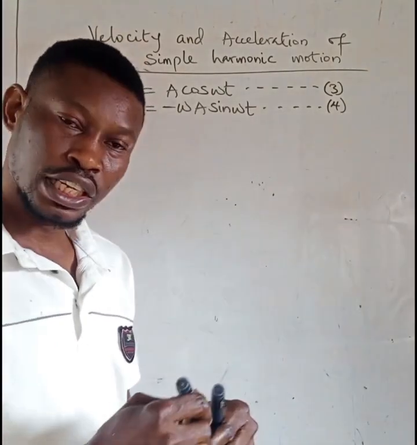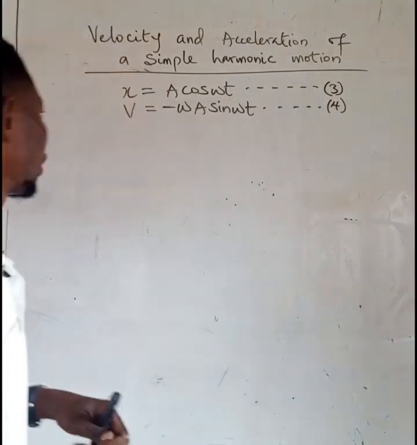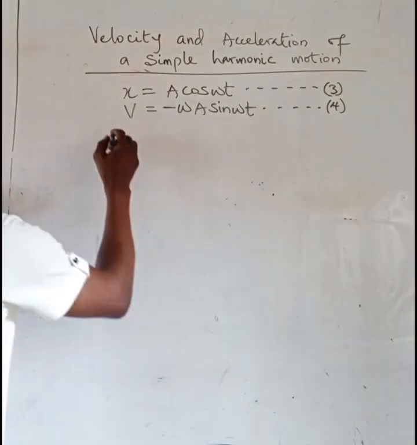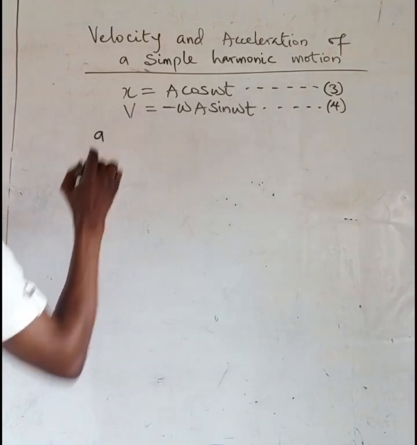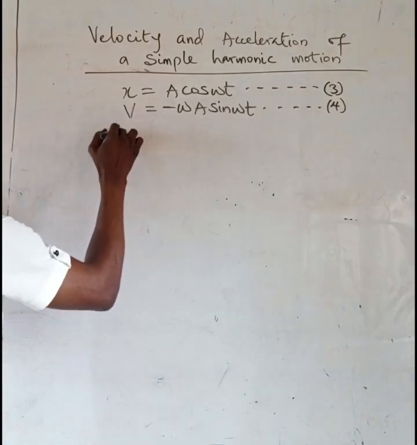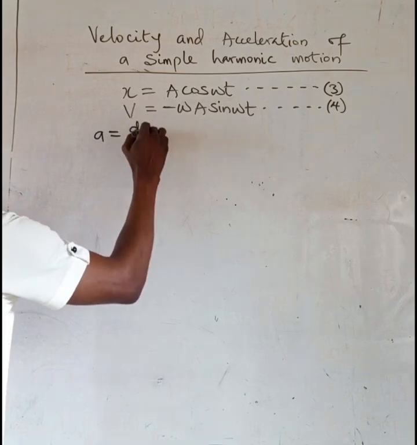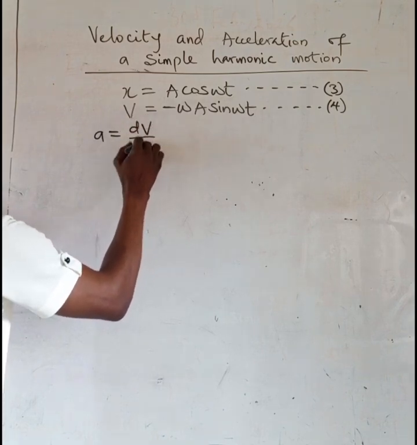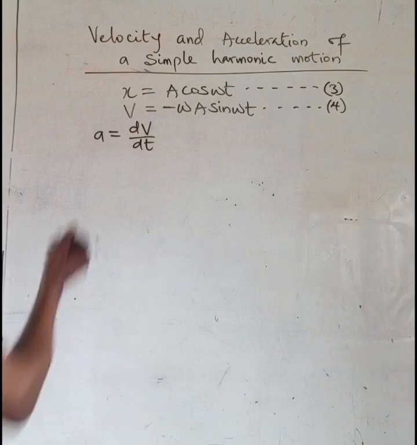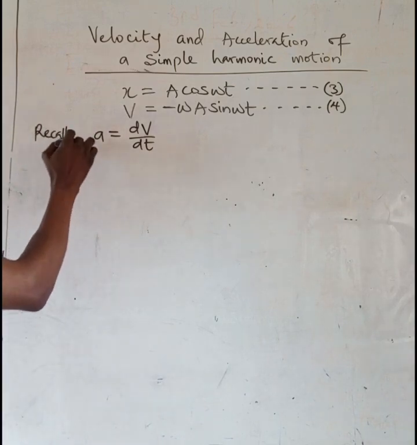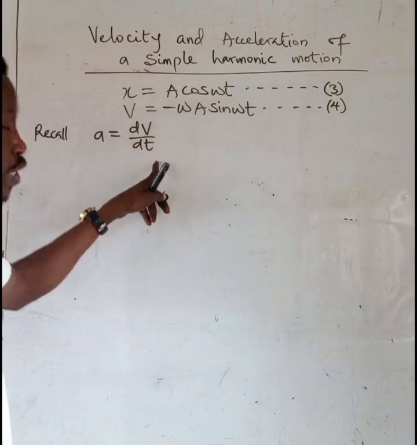This wouldn't take anything different. We already know by basic definition that the acceleration A of a motion is equal to the time rate of change of its velocity, that is dv/dt.